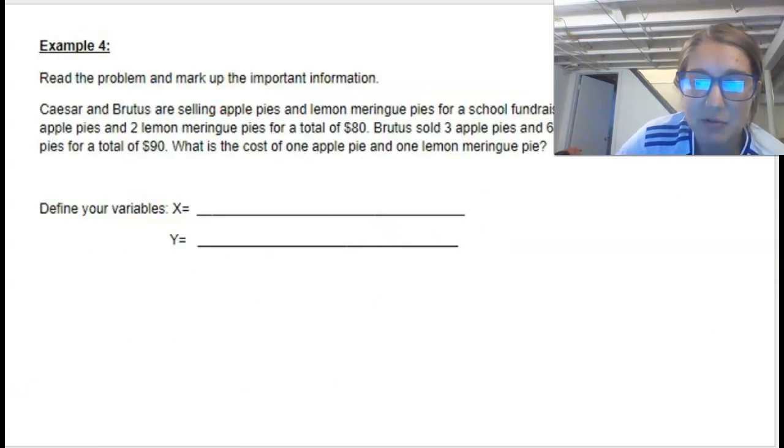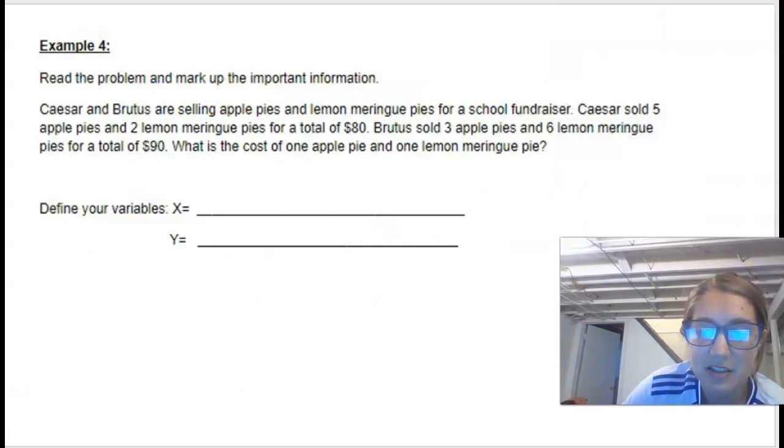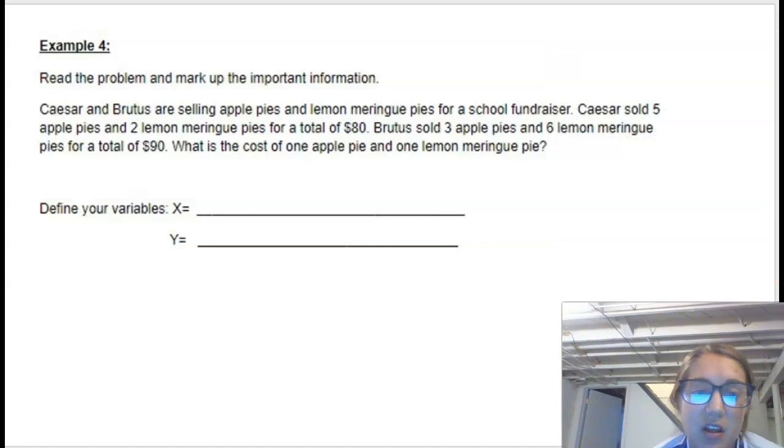Our last example we're going to do is an application. So Caesar and Brutus are selling apple pies and lemon meringue pies at a school fundraiser. Caesar sold 5 apple pies and 2 lemon meringue pies for $80. Brutus sold 3 apple pies and 6 lemon meringue pies for $90. What is the cost of 1 apple and 1 lemon meringue?